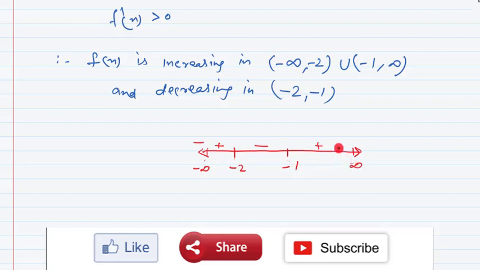So it is proved that in minus infinity to minus 2 union minus 1 to infinity, the function is increasing, and decreasing for minus 2 to minus 1. So easily you can check your result, and even in MCQ questions you can use this method to find your solution in less time.